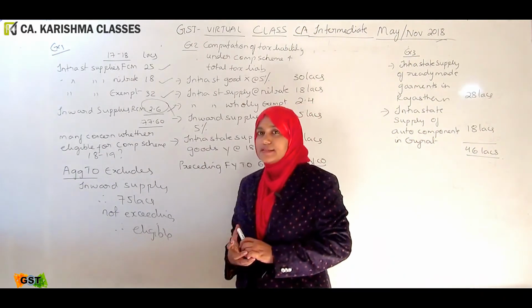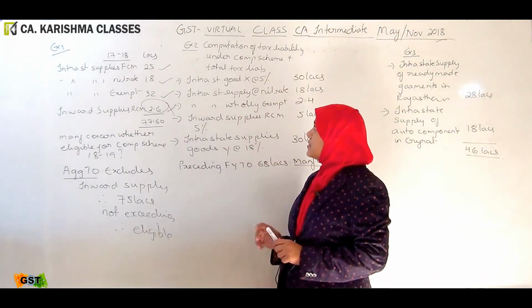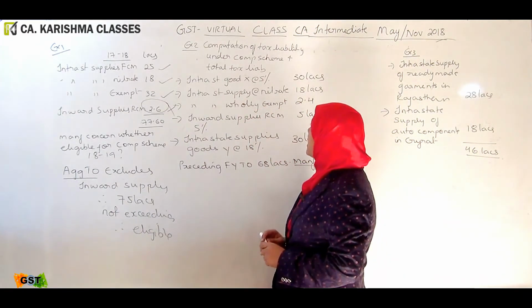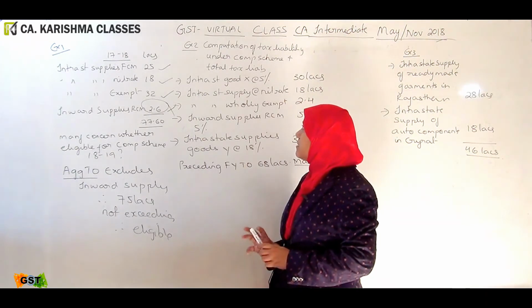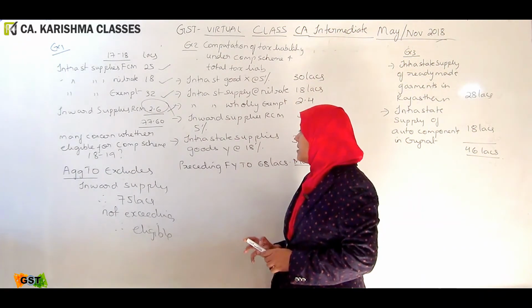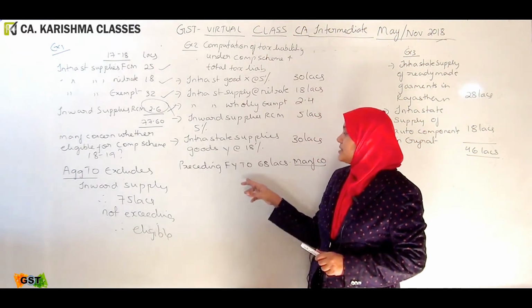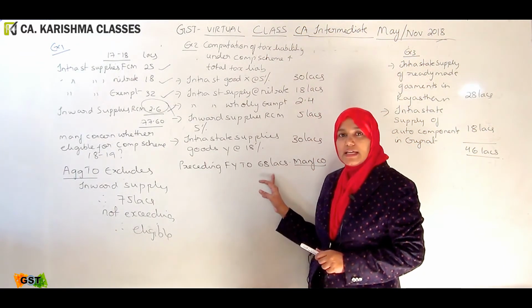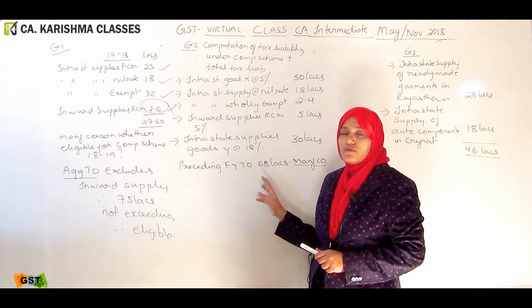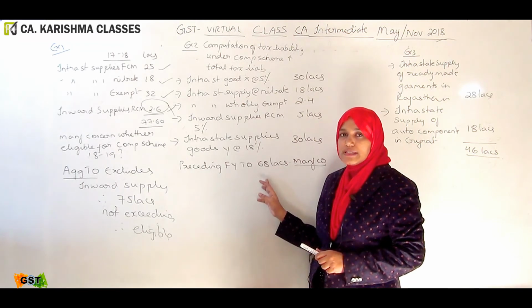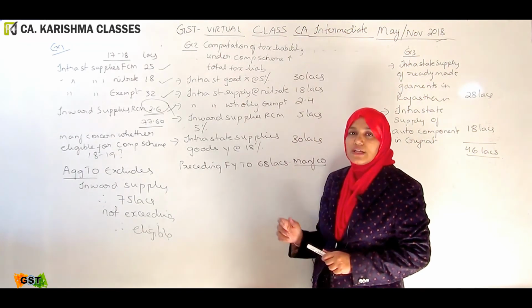Now, look at the next example. Here they are asking us to do 2 things: computation of tax liability under composition scheme and total tax liability. This problem has already given that the preceding financial year turnover was 68 lakhs. So, that means it is not more than 75 lakhs. So, therefore, the person is eligible for composition scheme and it is a manufacturing concern.